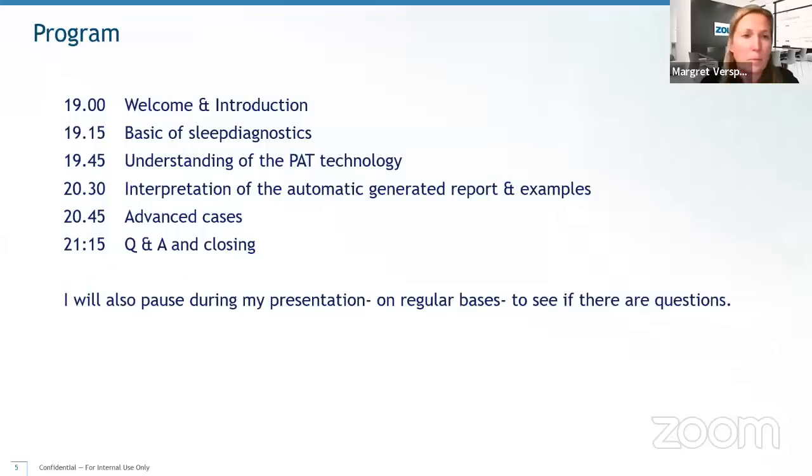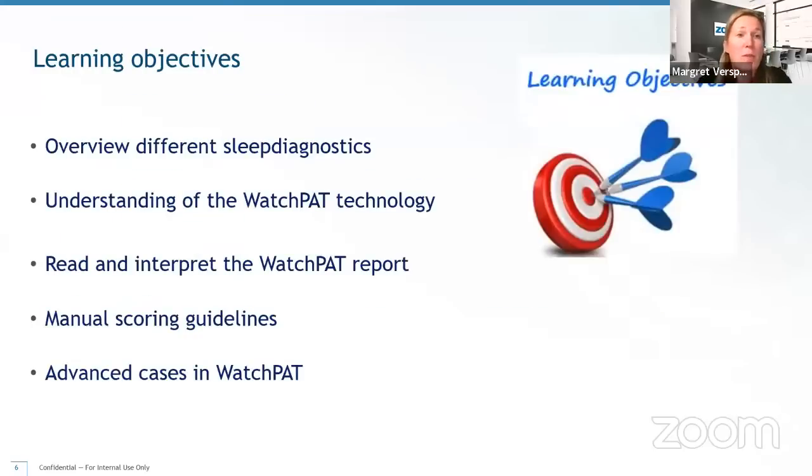Okay, the learning objectives for today: an overview of the different sleep diagnostics, a deeper look at sleep physiology, understanding of the WatchPAT technology, and reading and interpretation of the WatchPAT report. We discuss the manual scoring guidelines, and we see some advanced cases in the WatchPAT.